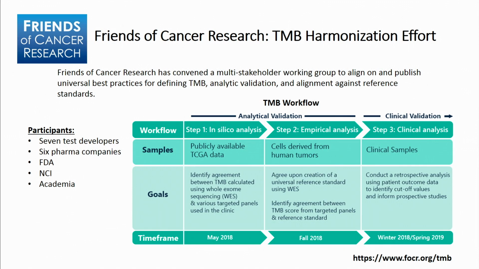One effort being pursued right now is through Friends of Cancer Research, where test developers that have their platform, as well as pharma companies, FDA, NCI, and academia, are working to create some sort of standardization, using TCGA data as well as cell line data to create a reference whole exome standard that can be provided to the individual testers to create some sort of alignment in terms of how we use this threshold.